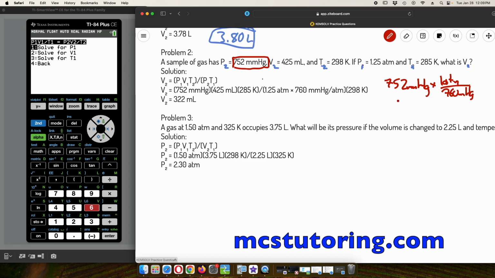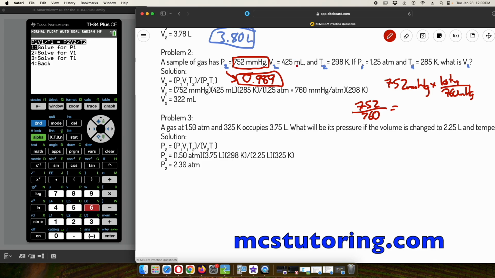For the more math-minded people like myself, you're just going to do 752 divided by 760 to convert that to ATMs. So this P2 is really 0.989. So that is my P2 here.